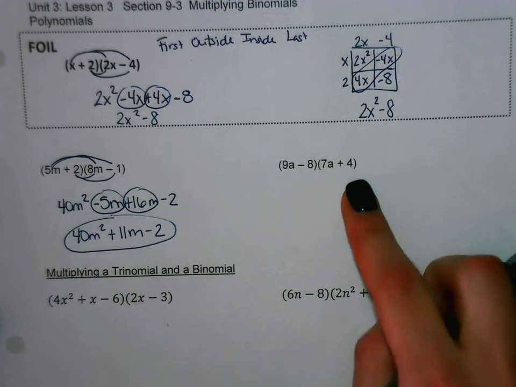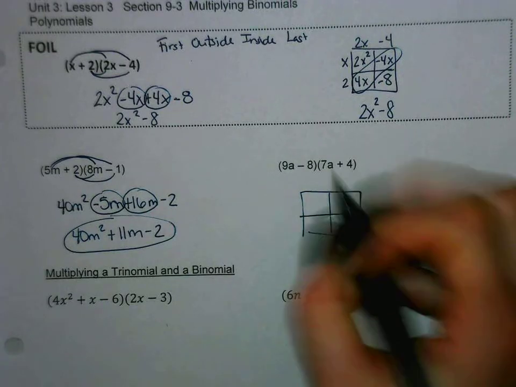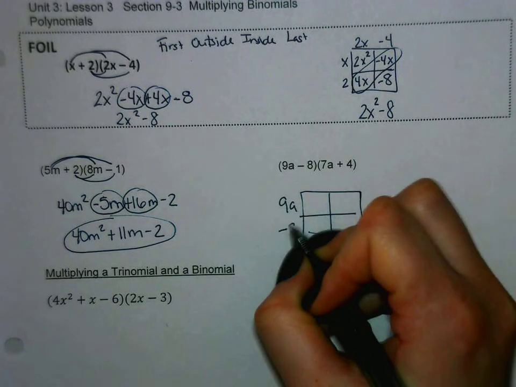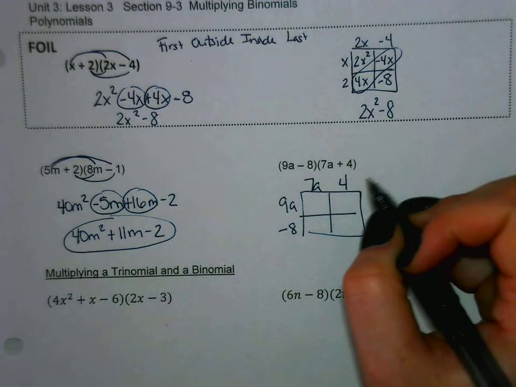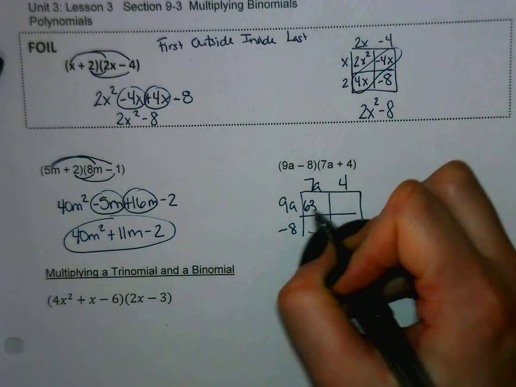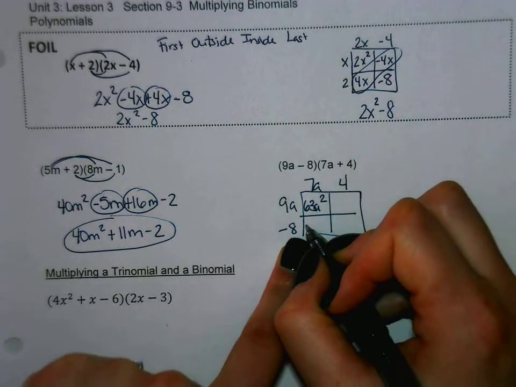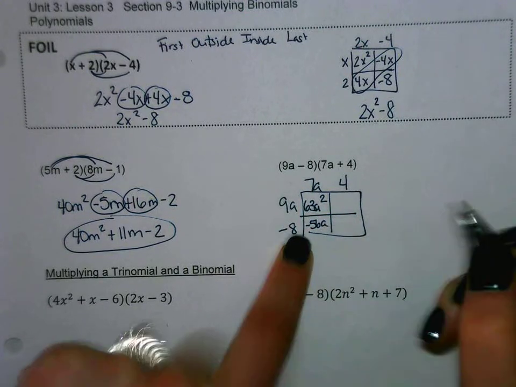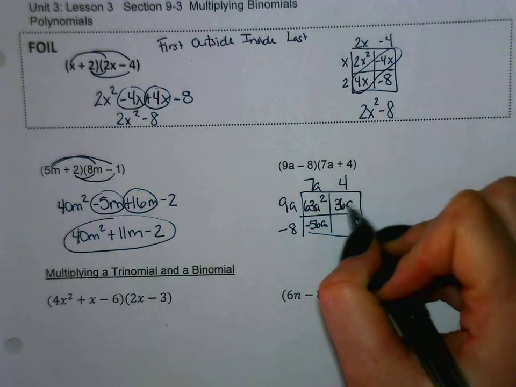So now let's look at this one, but using the box method. So here, we have 9a and -8, 7a and a positive 4. When we first fill out the top of the box, it's 63a squared. 7a times -8 is -56a. 9a times 4 is 36a.